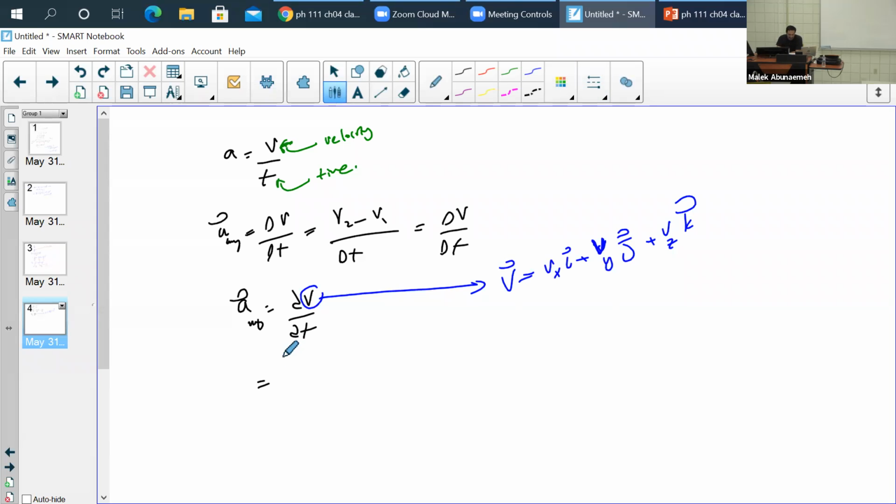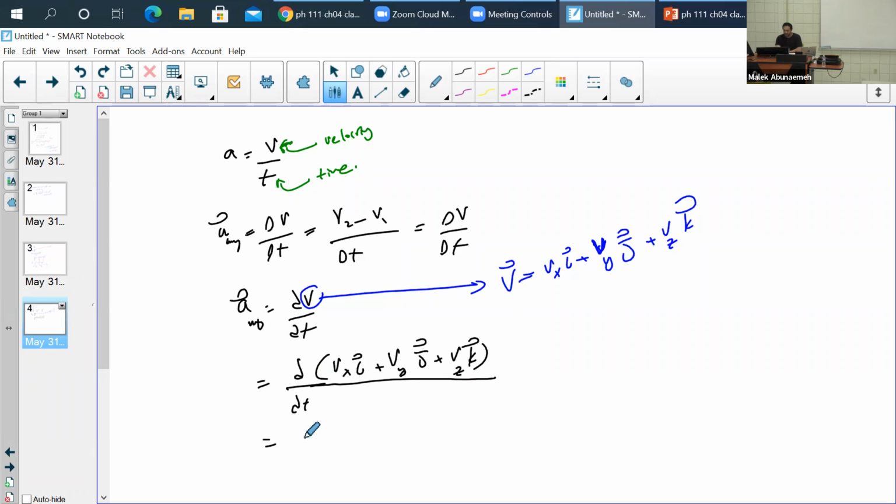This one is going to equal dv over dt, so let me open up vx in the i direction plus vy in the j direction plus vz in the k direction.